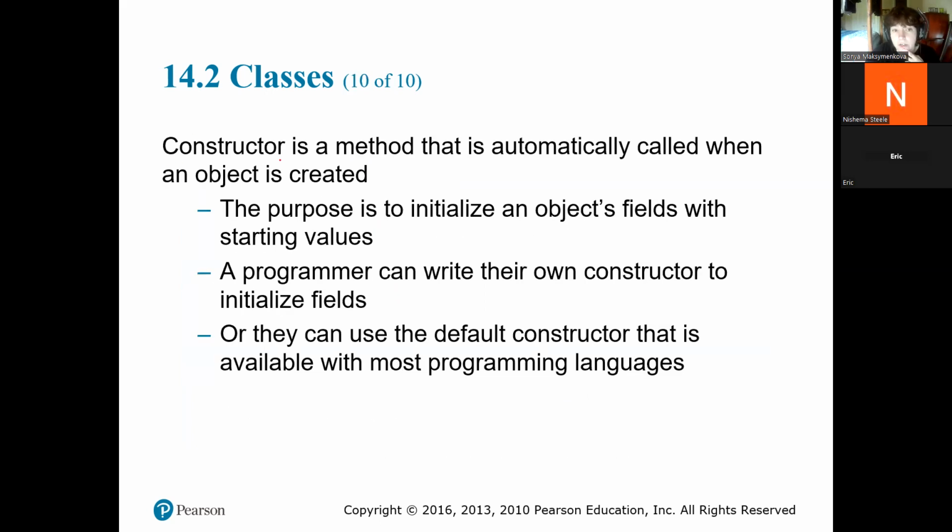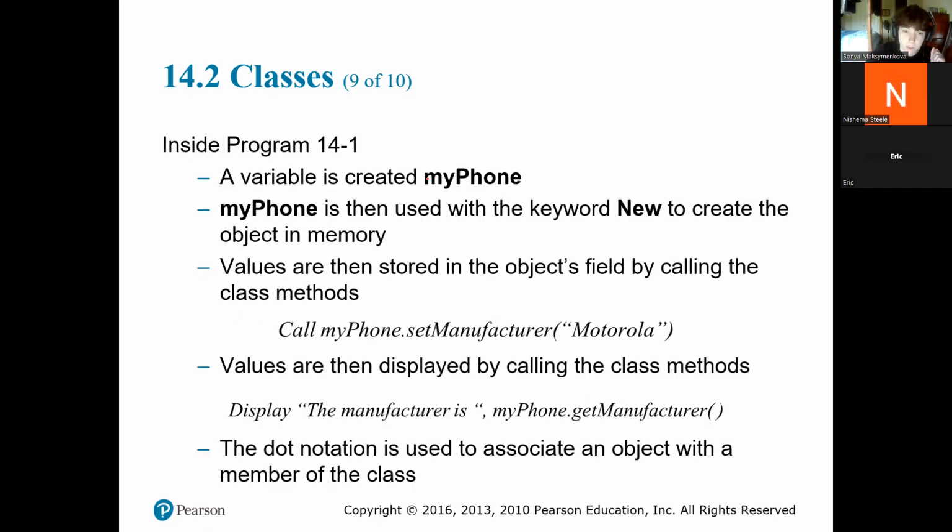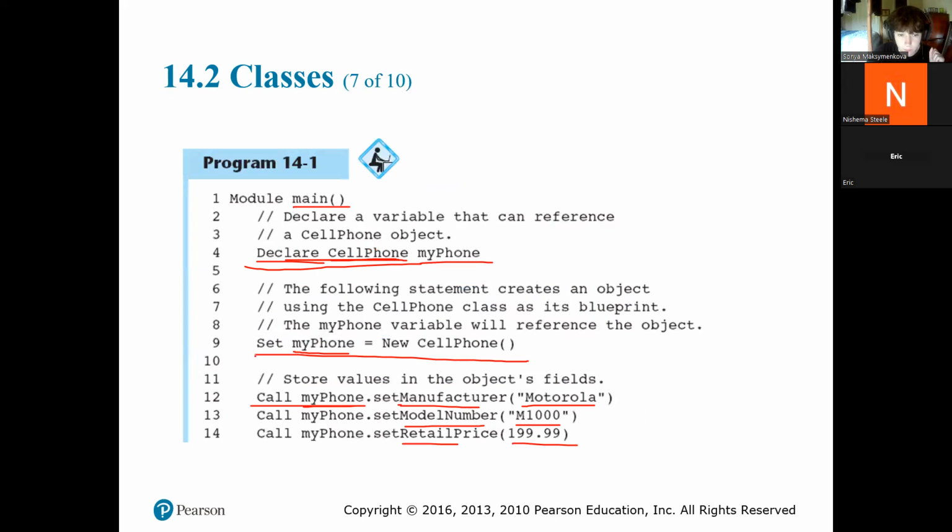Another thing is called a constructor. A constructor is a method. You don't have to initialize it, and you don't have to do anything to create it. Whenever we wrote this line right here, a constructor created all of those variables and all of those methods and assigned them to my phone.